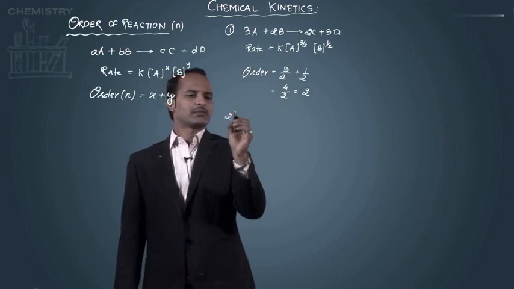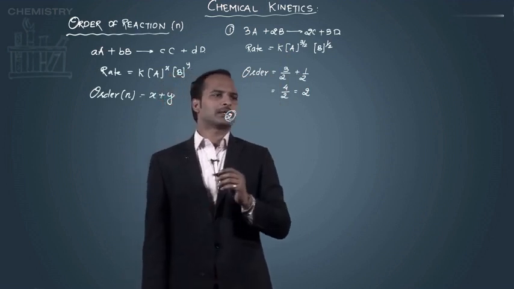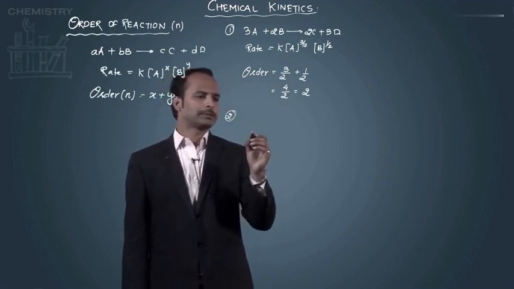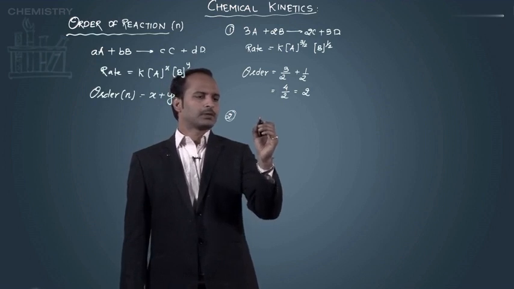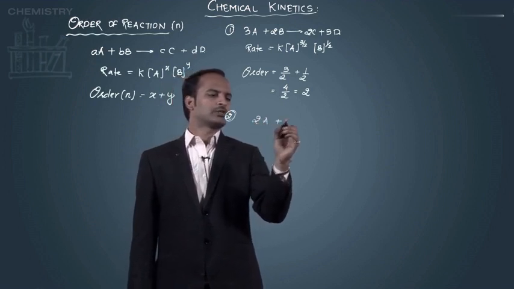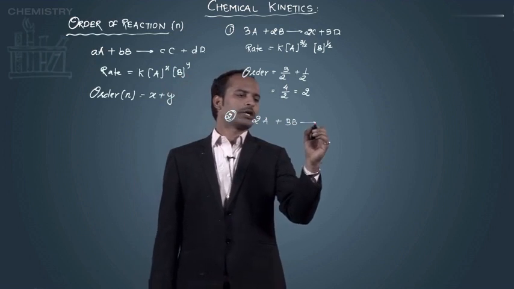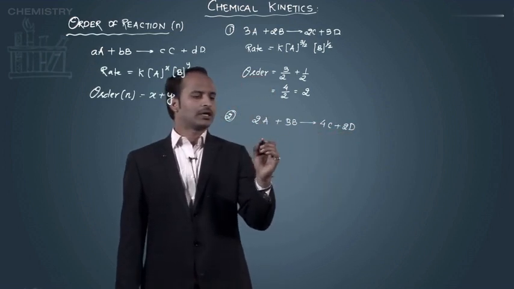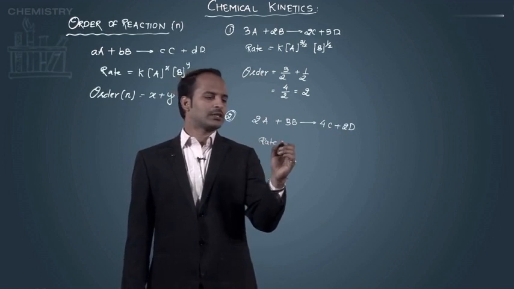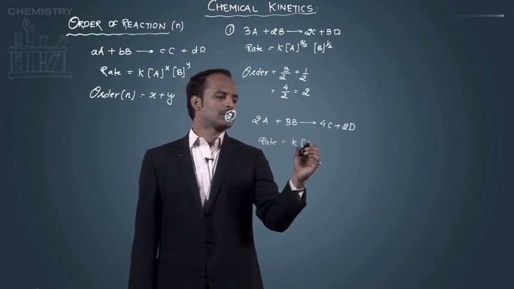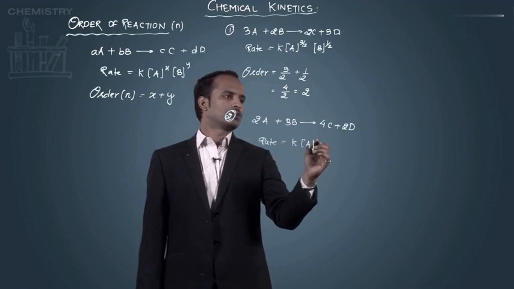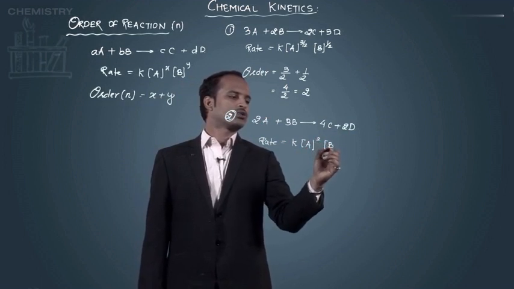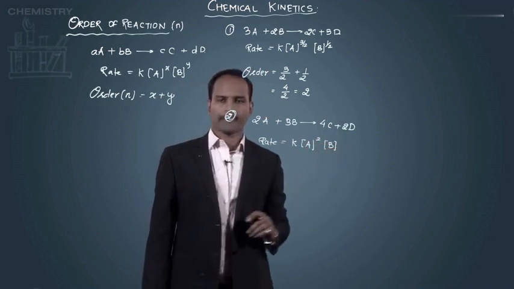Then second, suppose there is a reaction like 2 moles of A plus 3 moles of B gives 4C plus 2D. This is the reaction, and its rate law is given as rate is equal to K into molar concentration of A raised to 2 and B raised to 1.